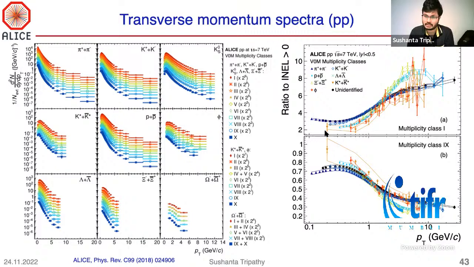But we see a similar behavior as from radial flow, where we expect radial flow, the mass-like behavior. And surprisingly enough, even for the low multiplicity class, we see this kind of mass-dependent behavior.